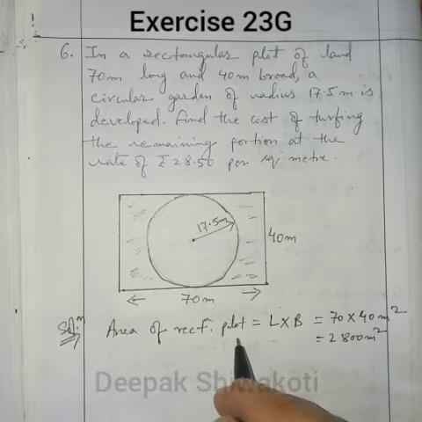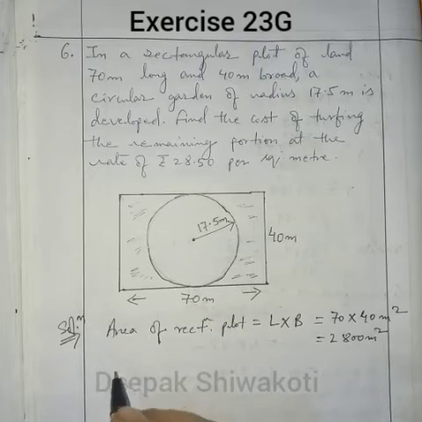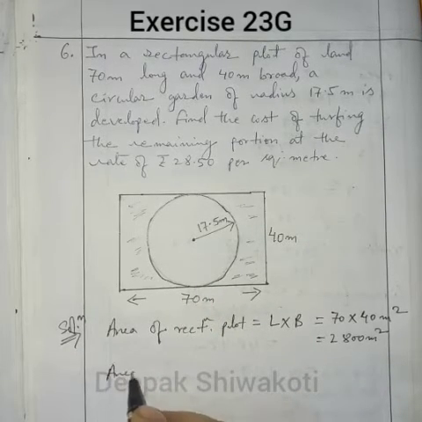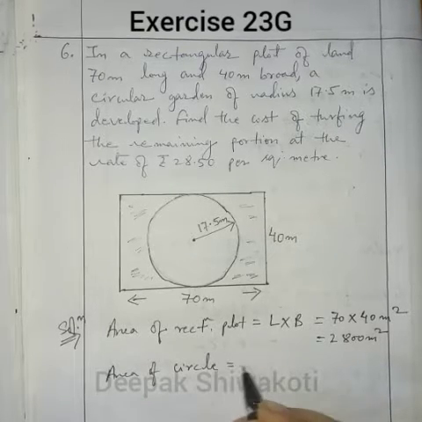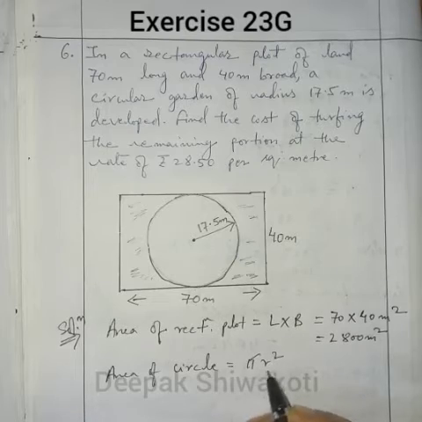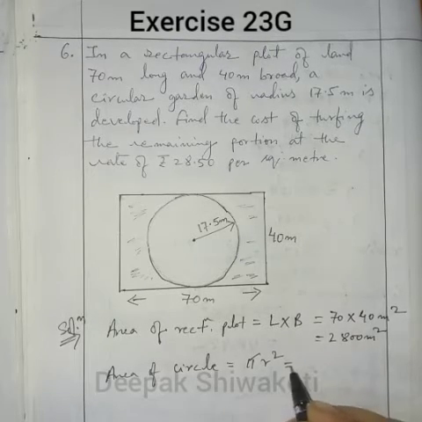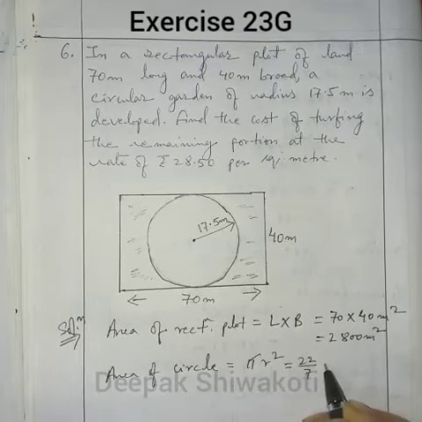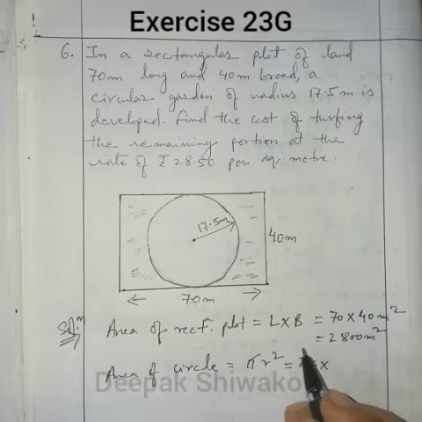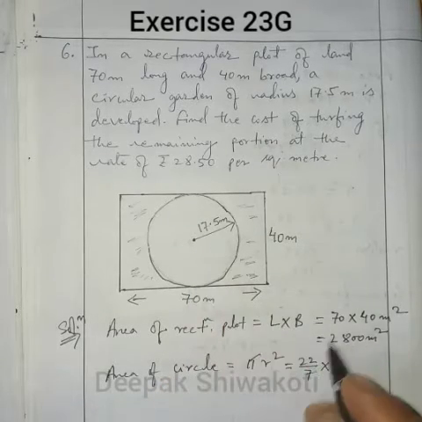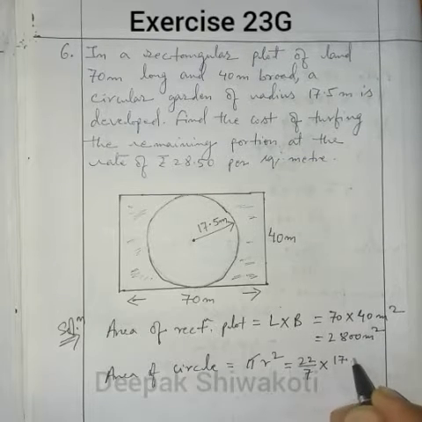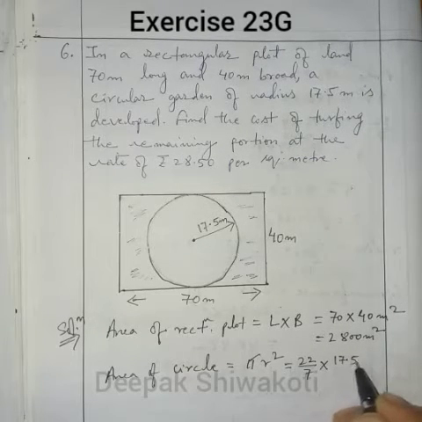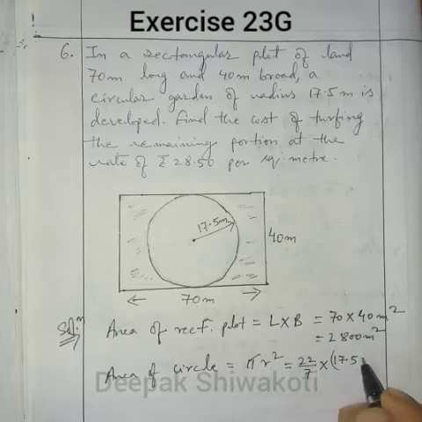Now area of circle, let us find. Area of circle will be equal to pi r square. So pi is 22/7 and r is 17.5 meter.